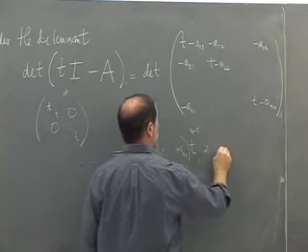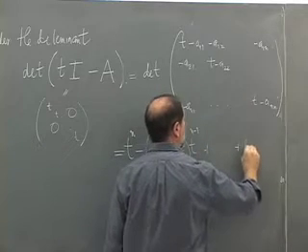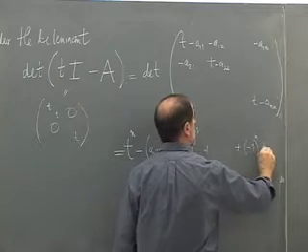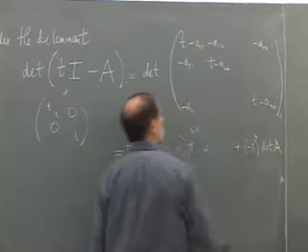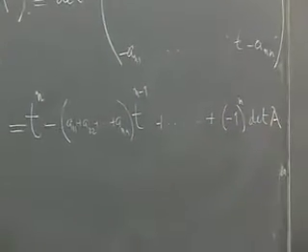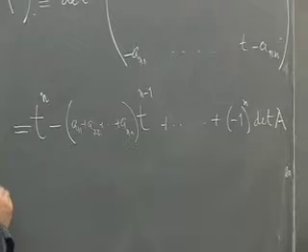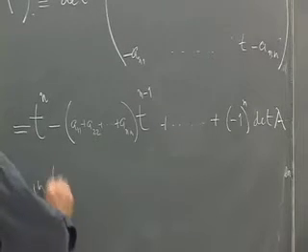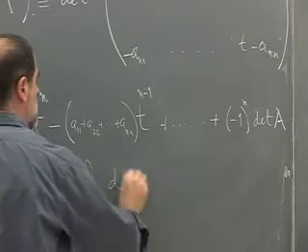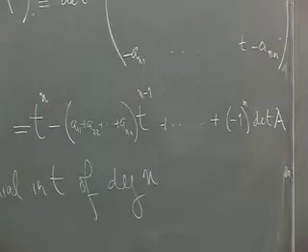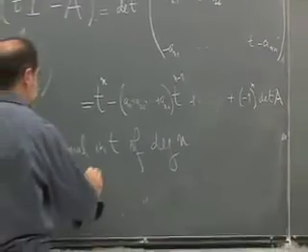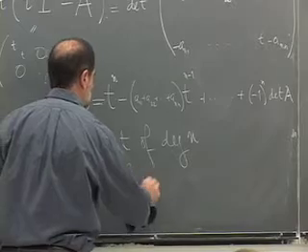And then you have more terms. And then the last term turns out to be plus or minus 1 to the n, determinant of A. It's a polynomial in t of degree n with coefficients in the field F.